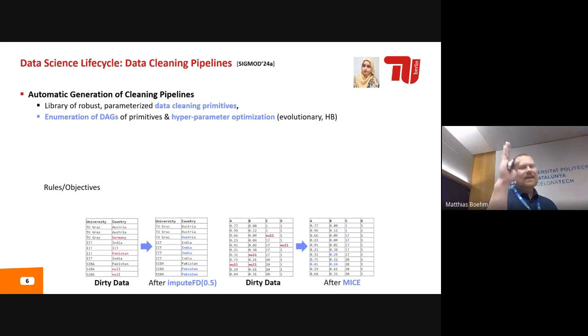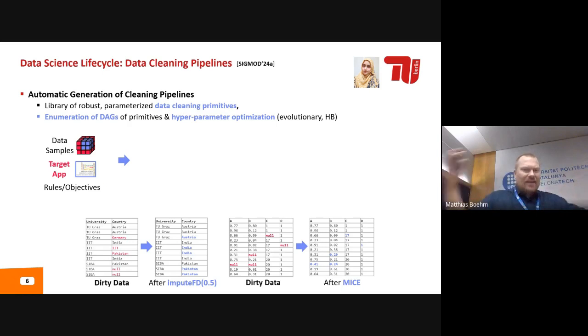If it's a feature with categorical values, this becomes a classification problem. If it's a feature with numerical values, it's a regression problem. So we repeatedly extract the columns with missing values. The existing values are our training set. For the missing values, that's where we apply this model to impute new values.